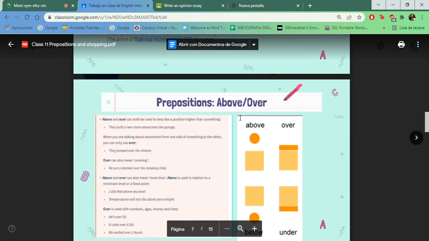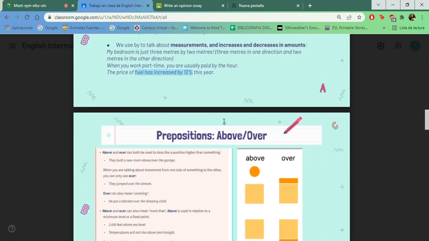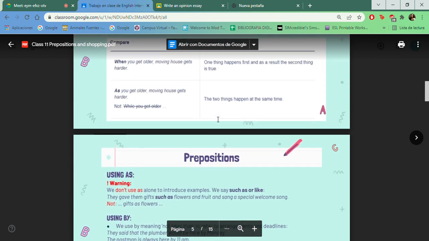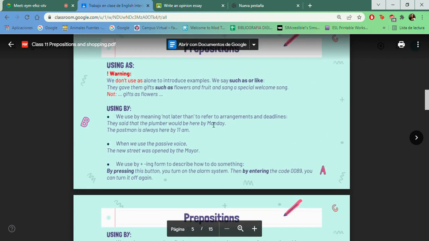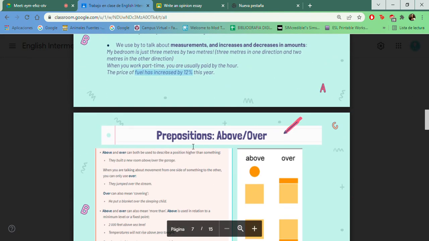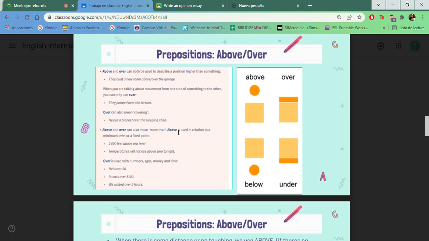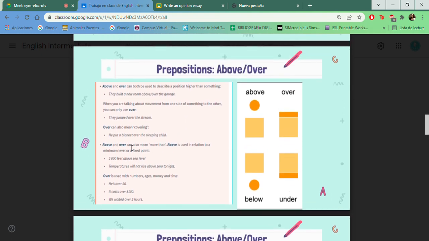Next we have, well, that is the using of by and as. Any questions? Great. Here we have the prepositions above and over. Well, this is easy. Above and over can be used to describe a position higher than something.